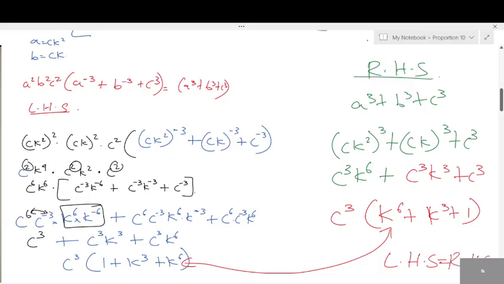RHS. Remember, always the left hand side part will be tough. Right hand side will be very easy. 2-3 steps, you'll get the answer. I'll give you all 5 minutes time. Don't copy this. Try to do it. First 2-3 minutes, try to do this. Then cross check with the answer on the screen.